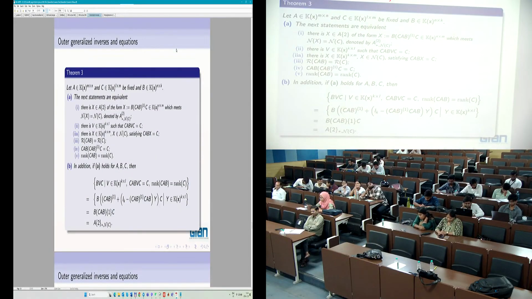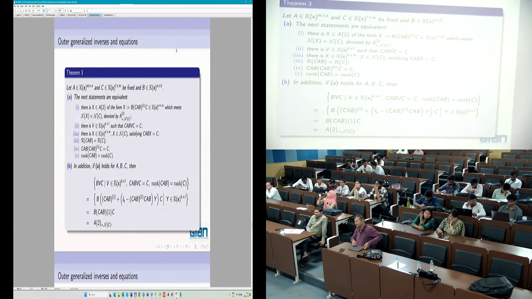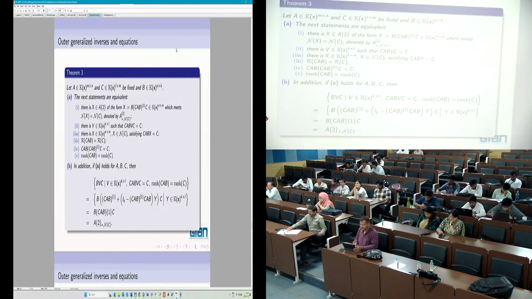Here is the dual result, to find outer inverses with prescribed null space. For the corresponding matrix equation, we will obtain CABV equals CAB.